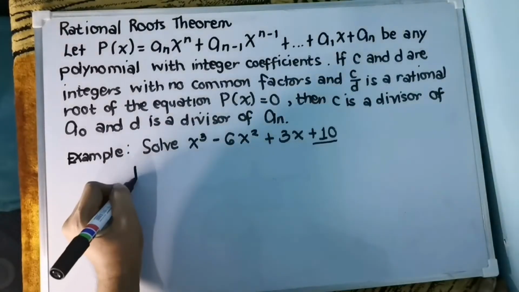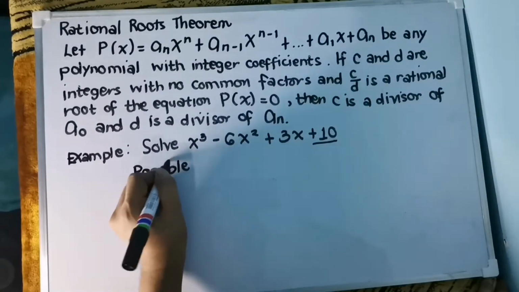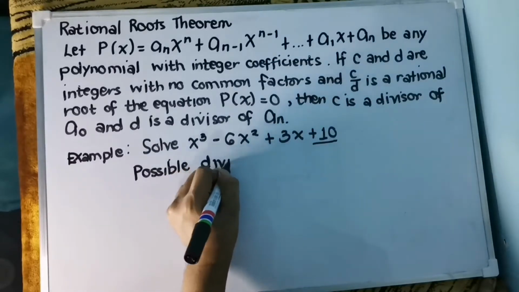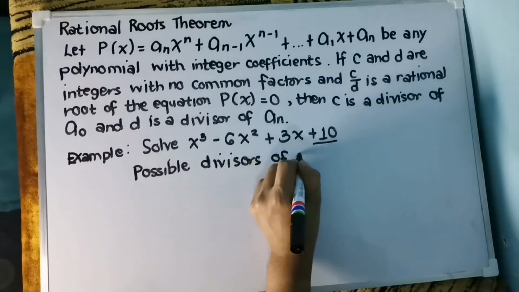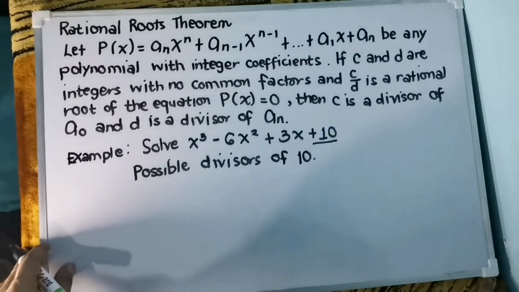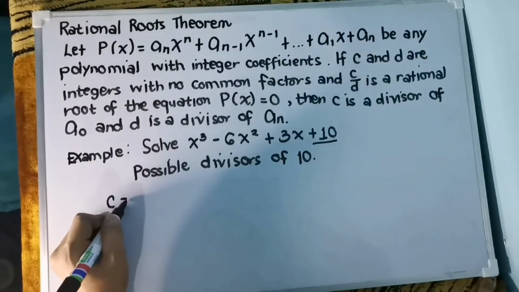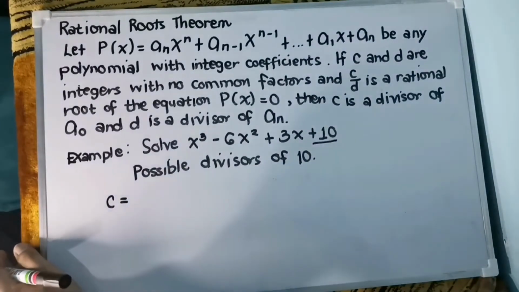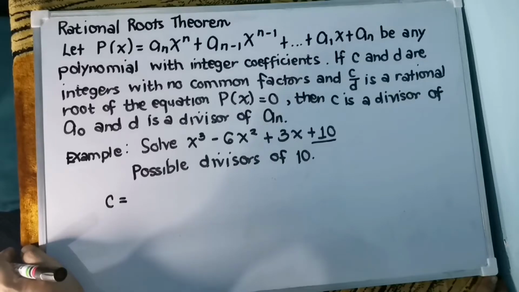So again, we're going to write all the possible divisors of 10, our constant term. That will be our C. When we say divisors, we're looking for a number that when we divide 10 by it, there will be no remainder.